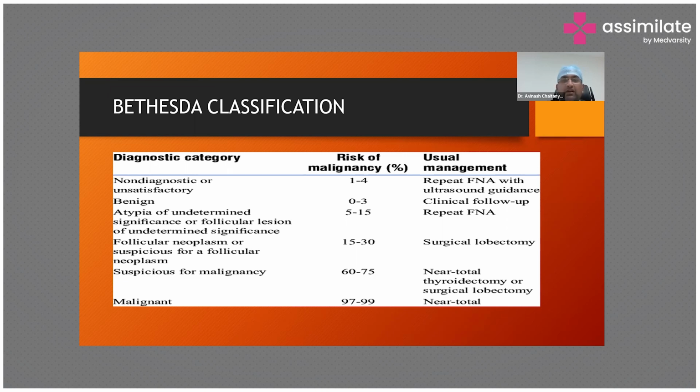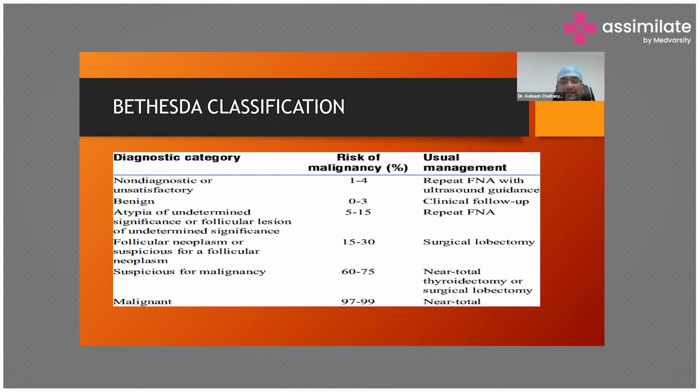When you see that it is a typical benign follicular lesion, you can give it as Bethesda 2. Bethesda 6 is where you are totally sure that it is malignancy and you have to go for total thyroidectomy as the treatment of choice. Suspicious for malignancy is given when there are some features which are suggestive of malignancy, but it may or may not be a follicular cell origin malignancy.